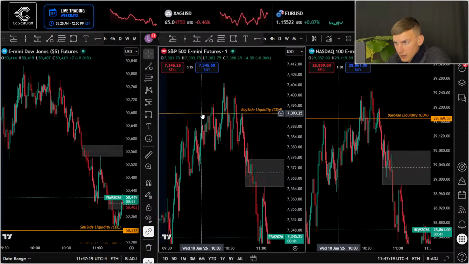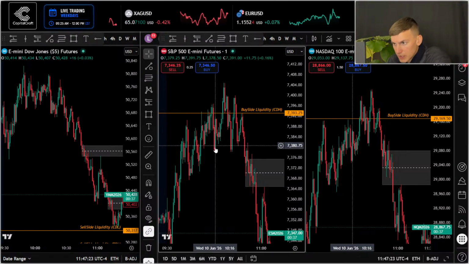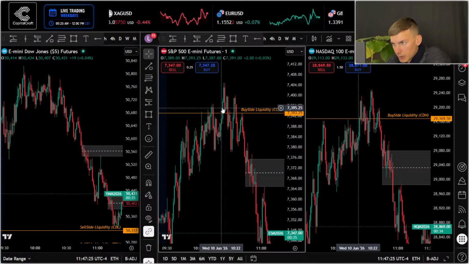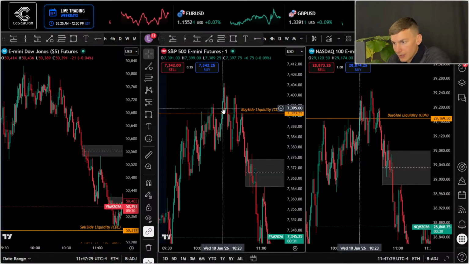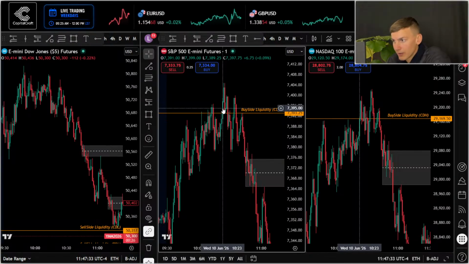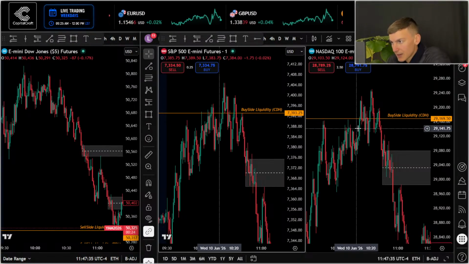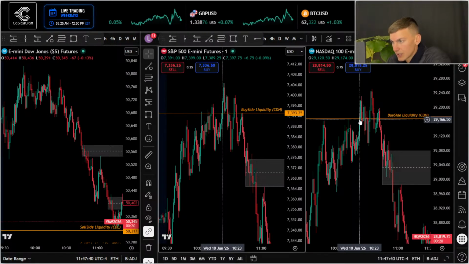So we've taken out buy side here. Then we form the market maker buy model. But note how on this candle we get the change in status delivery, which came on at 10:23. So 10:23 marks a change in status delivery on both the Nas and the Dow. But at the same time, the Nasdaq goes ahead and closes that buy side.